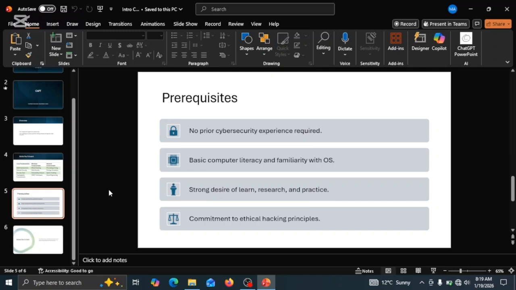A strong desire of learning, research and practice. You should also have a strong desire of learning cybersecurity, how things work, and you should also have interest in research to find vulnerabilities, new vulnerabilities that are not patched yet. And practice, you should do practice.